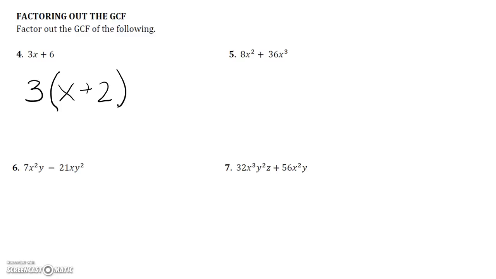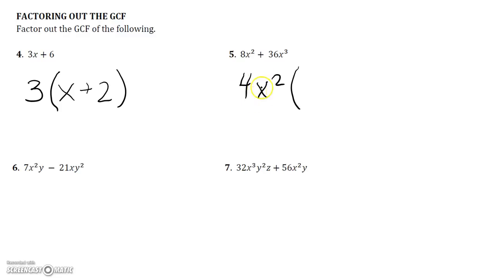Moving on to number 5, we look at the number 8 and 36, and then we look at the x squared and x cubed, see what they have in common. So the biggest number that goes into both 8 and 36 is 4. This has x squared, this has x cubed, they share x squared. So our GCF that we're pulling out is 4x squared. Our leftovers go in parentheses.